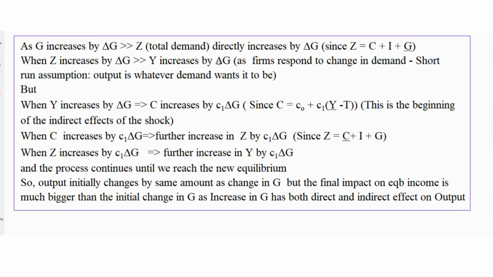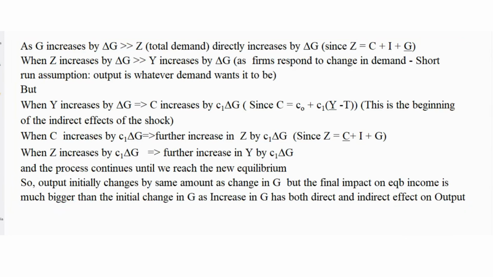Output is whatever demand wants it to be. Any changes in demand result in one-for-one changes in output. So when Z increases by delta G, Y increases by delta G.